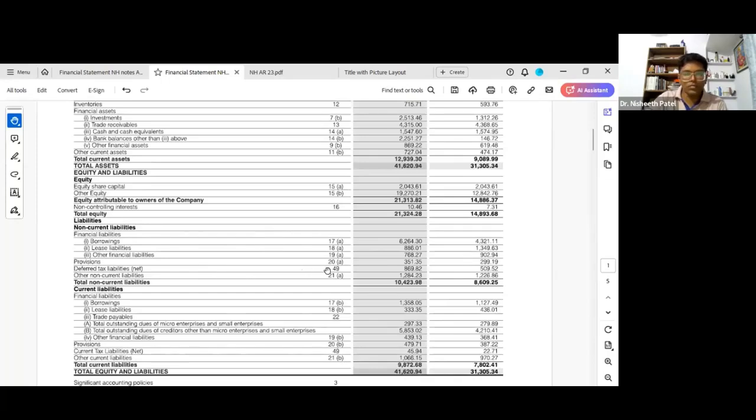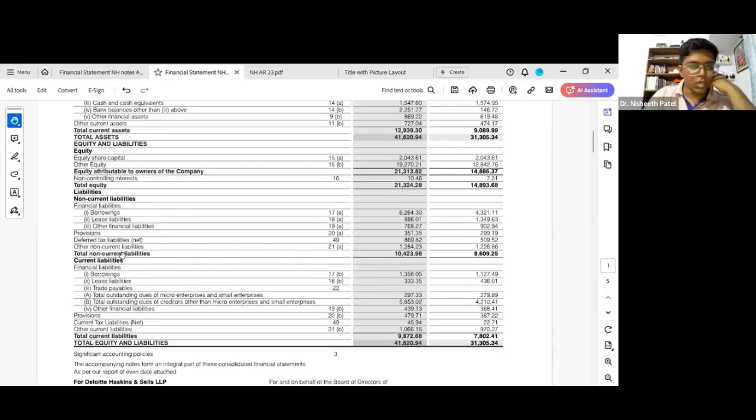They have kept a provision of something like 351 million, that has to be looked at in note number 20, what they have kept the provisions for. The total non-current liabilities are 10,423. In the current liabilities, they have a short-term borrowing of 1,358 million. So they have to pay this much amount in the current financial year before 2024 completion.